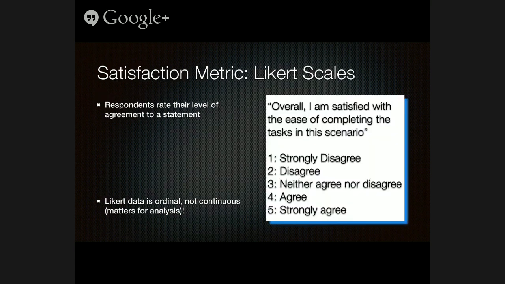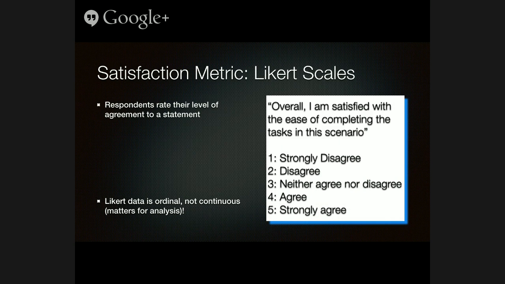On the satisfaction metric, we often see Likert scales, if you're pronouncing it correctly. Here the respondents rate their level of agreement to a statement. You throw something out there like, overall, I'm satisfied with the ease of completing the tasks in this scenario. Then you ask them to choose strongly disagree, disagree, neutral, agree, strongly agree.